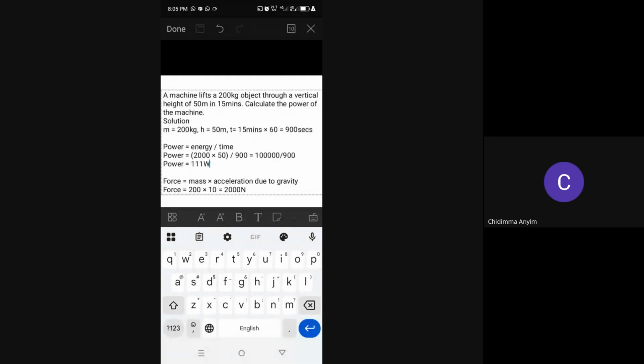So a machine lifts a 50 kg object through a vertical height of 15 meters in 5 minutes. Calculate the power of the machine.